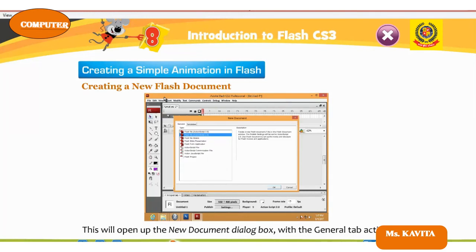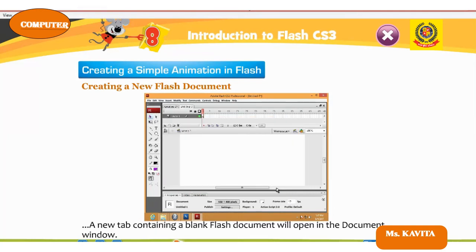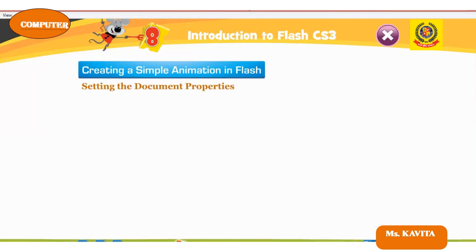Now setting the document properties. You can set the document properties. When a new document is created in Flash, it opens the default properties setting. We can modify the default properties according to our needs by using the steps as given below. So click on modify document to open the document properties.